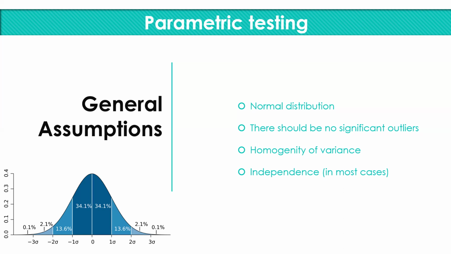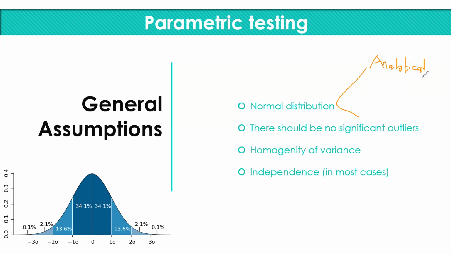So now let's look at how we are going to determine the normal distribution of data. There are two ways of checking whether the data is normally distributed. Number one, we have the analytical method of checking the normal distribution of data.